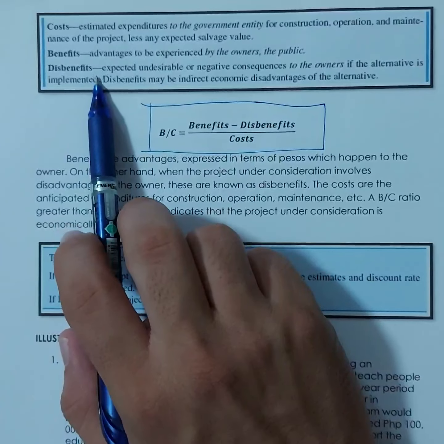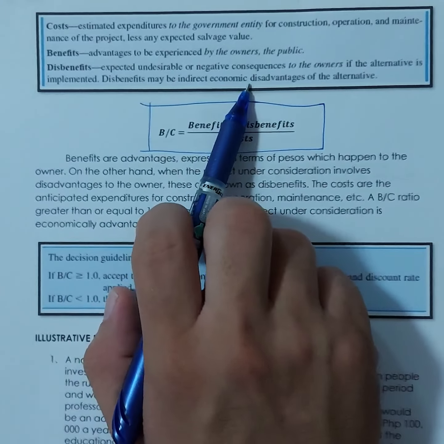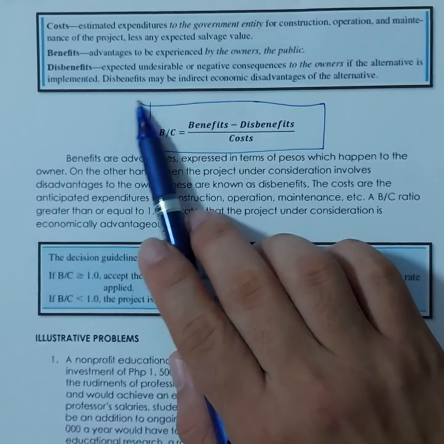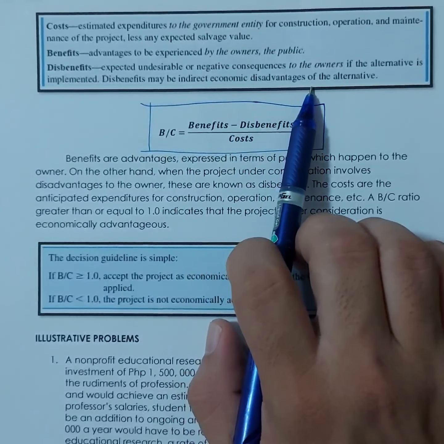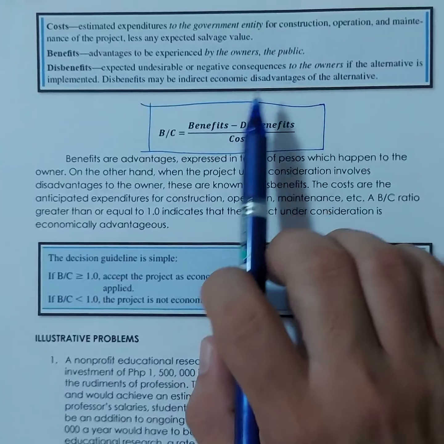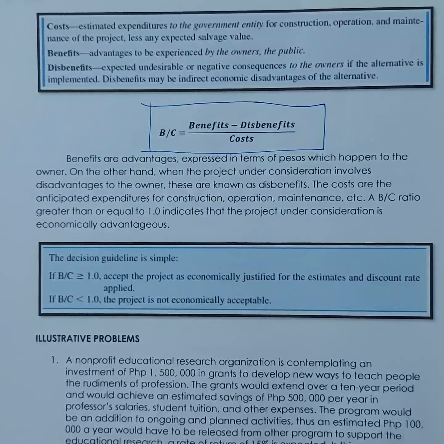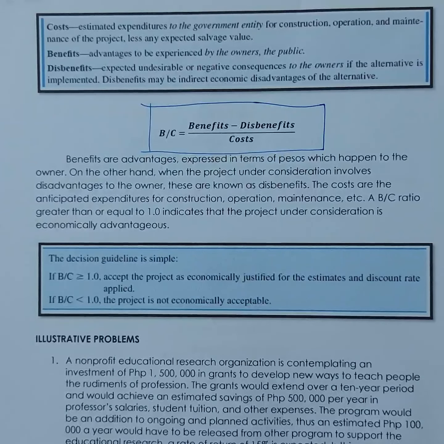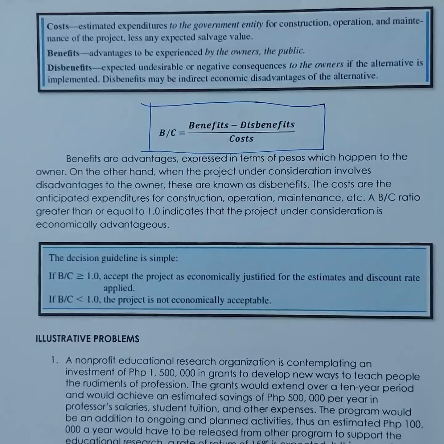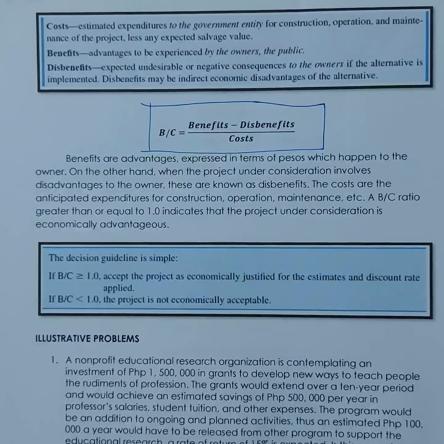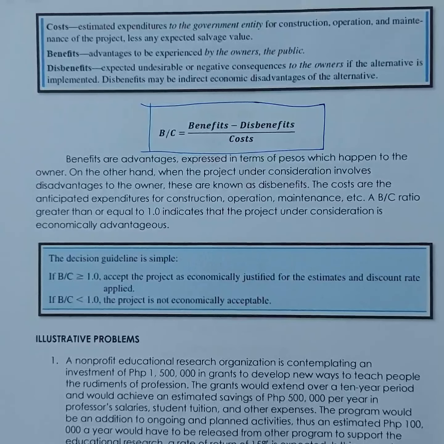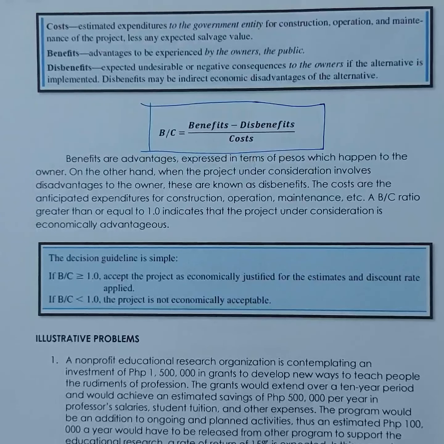And then disbenefits: expected undesirable or negative consequences to the owners if the alternative is implemented. So disbenefits may be indirect economic disadvantage of the alternative. So during the operation of the infrastructure, kapag na-construct na, gumagana na yung project natin, merong this disbenefit or this economic disadvantage yung project, then that would be deducted also.